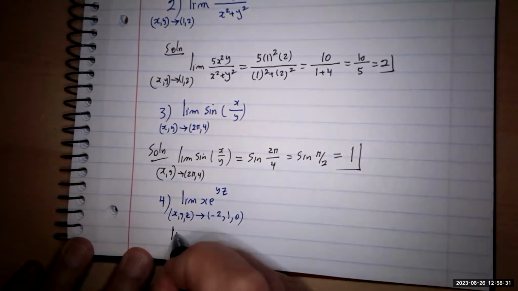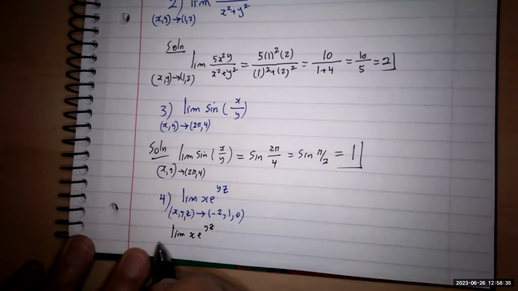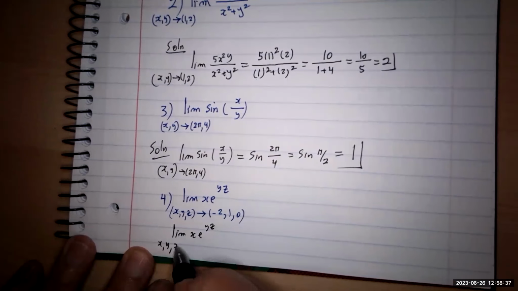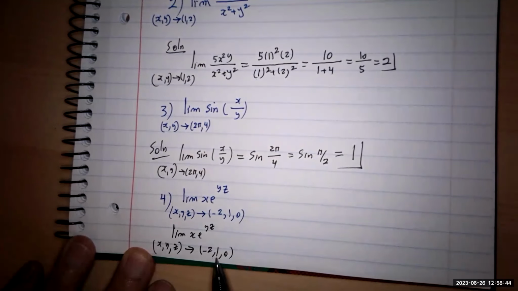So you have the limit of x e to the yz. Again, you just do it. It goes to -2, 1, and 0. So x is -2, y is 1, z is 0.